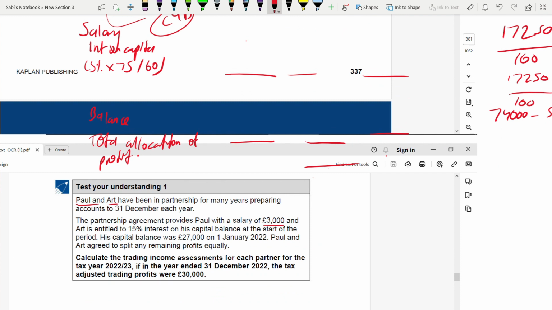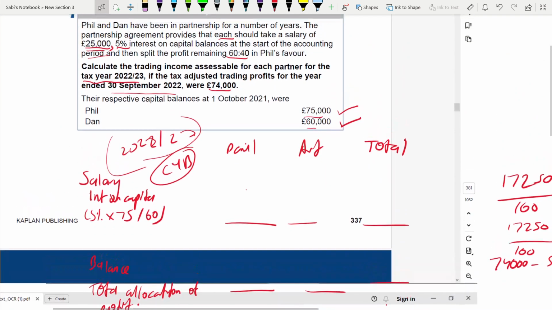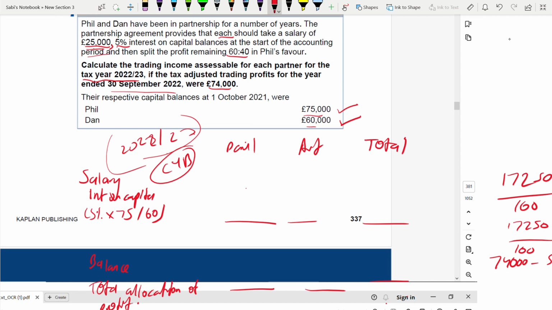Then they have a salary of 3,000 with 15% interest on capital. Art's capital balance was 27,000. Then Paul and Art agreed to split any remaining profits equally. Profit is 30,000, same tax year, for the period ending 31st December 2022. So salary is 3,000.